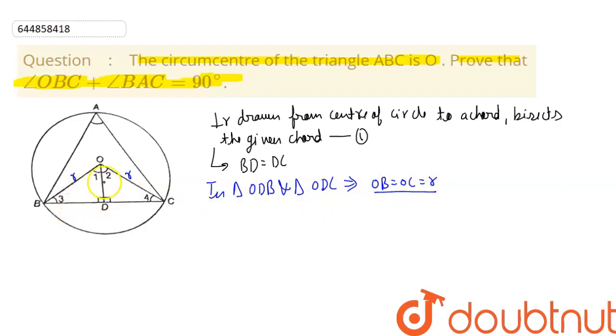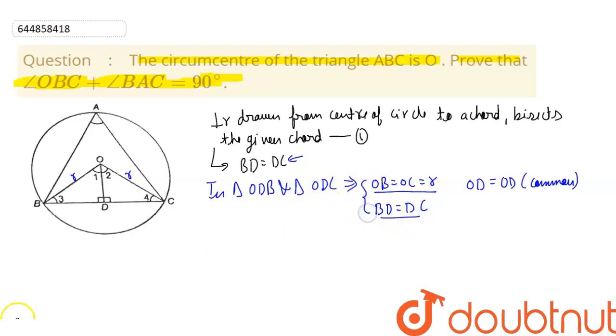We can also see that OD is common in both of these triangles, so OD equals OD. And BD equals DC, as we have proved above.